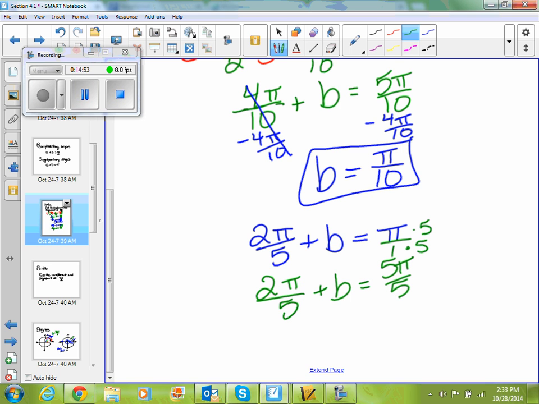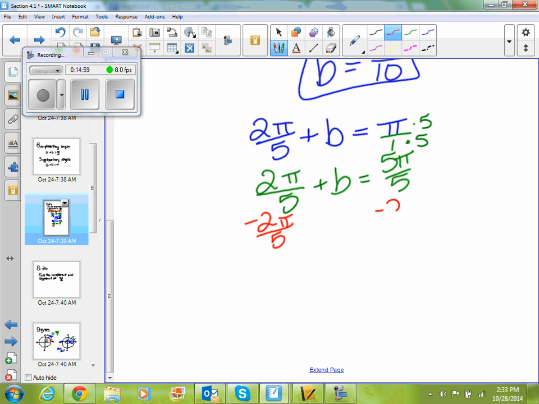Once I have common denominators, I can subtract 2 pi over 5 to solve for b. So b is equal to 5 minus 2, which is 3, so b equals 3 pi over 5.